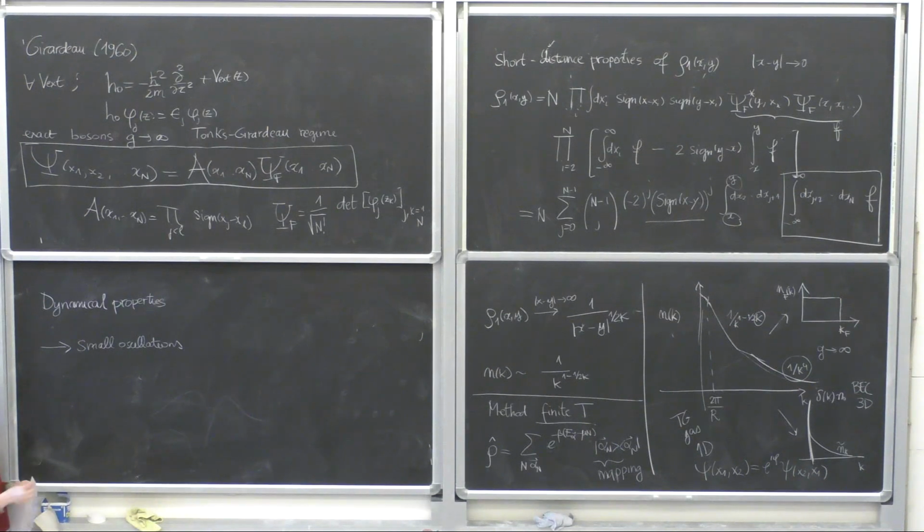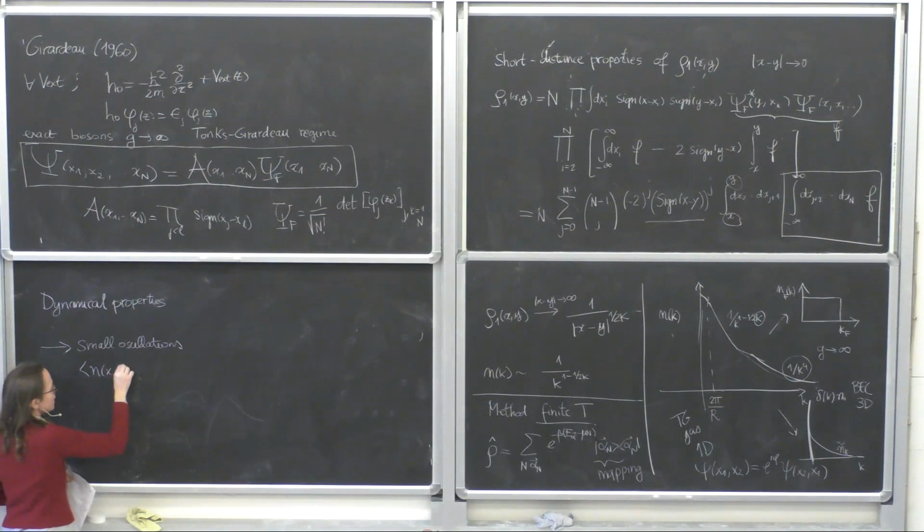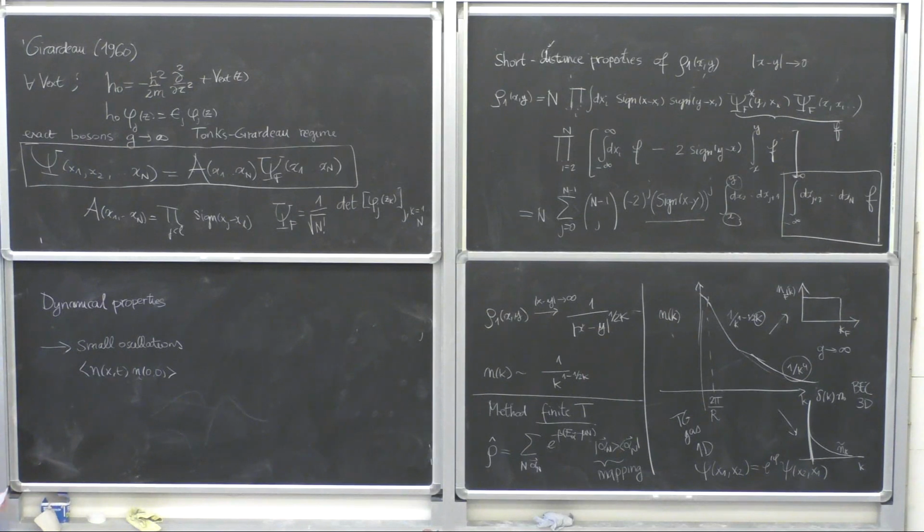This is in the realm of linear response theory, and so to understand this regime, you need to calculate some correlation functions, for example, the density-density correlation function at two different space-time points.